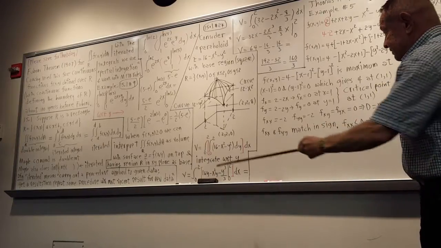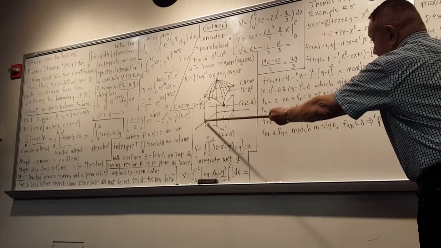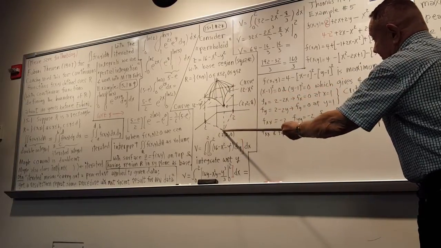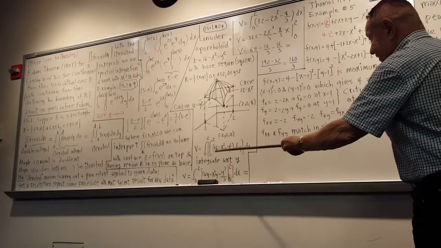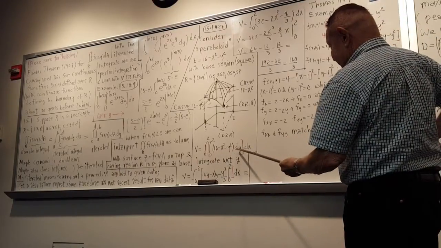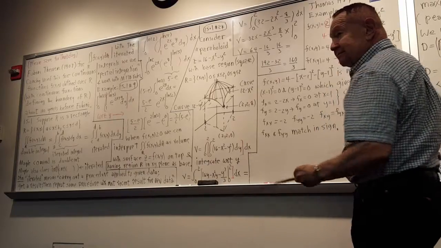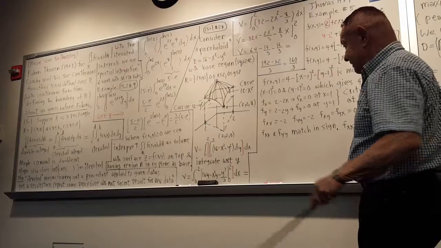And so the volume, where this is the top, and you have the base down here, which is the square, would be the integral, say, first with y, and then x, thinking of it as iterated.